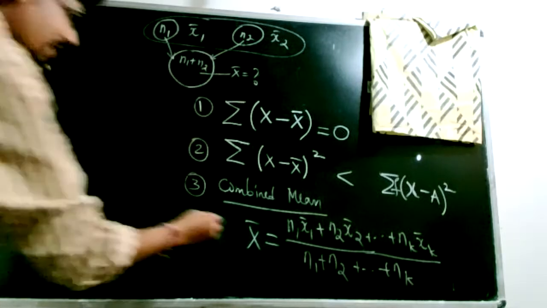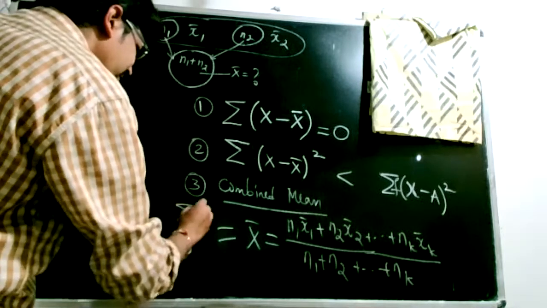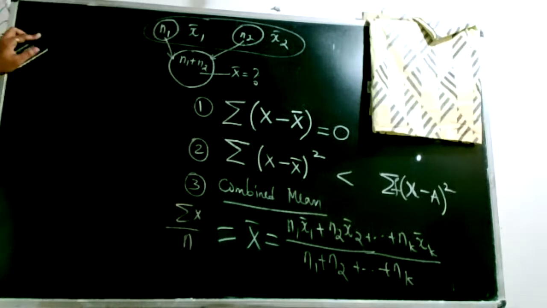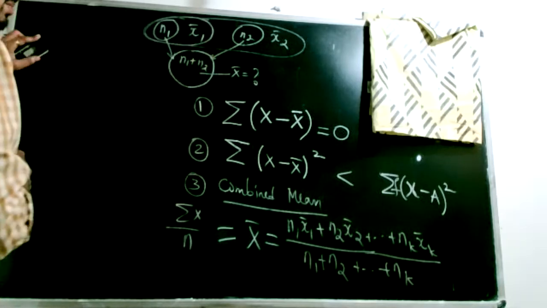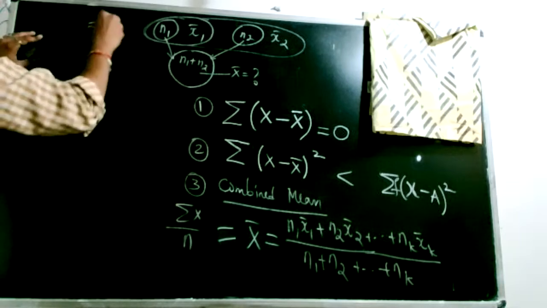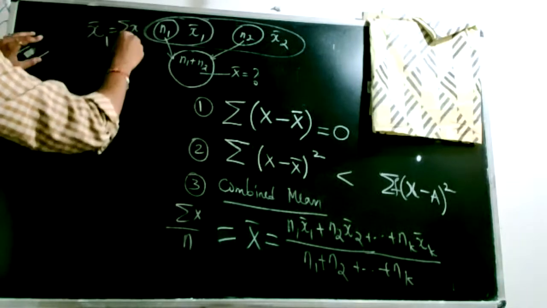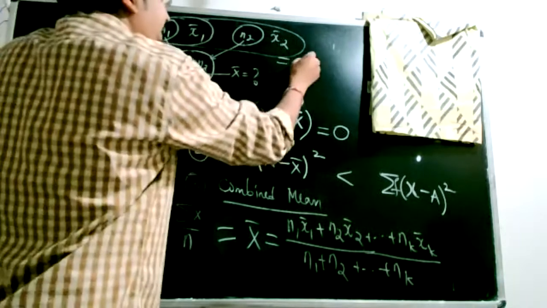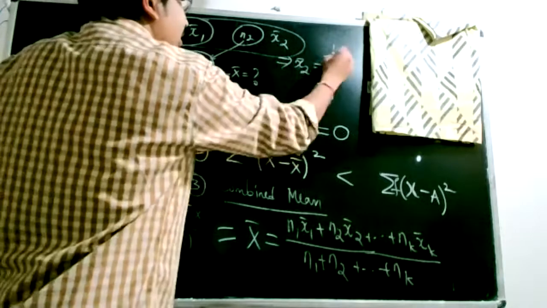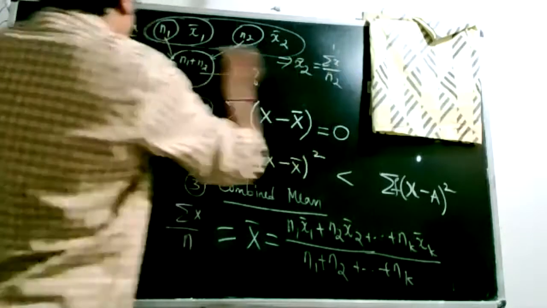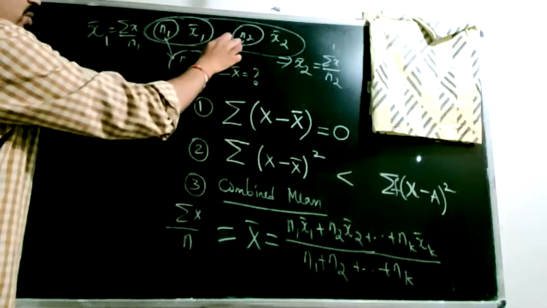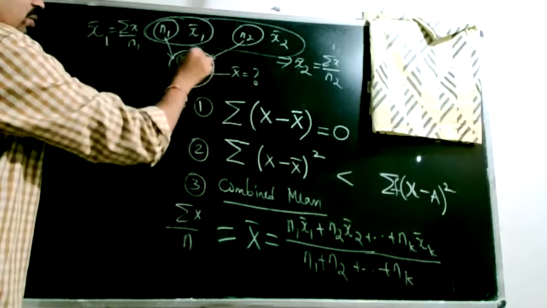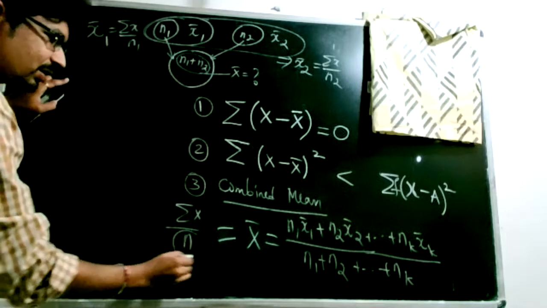How this works is logically we are talking about sigma x by n. Mean is defined as total of x divided by n. In the first group, x1 bar is nothing but sigma x by n1. Even in the second group, x2 bar is nothing but sigma x divided by n2. If I combine the observations, in group 1 I have n1, in group 2 I have n2, therefore the total observations become n1 plus n2.